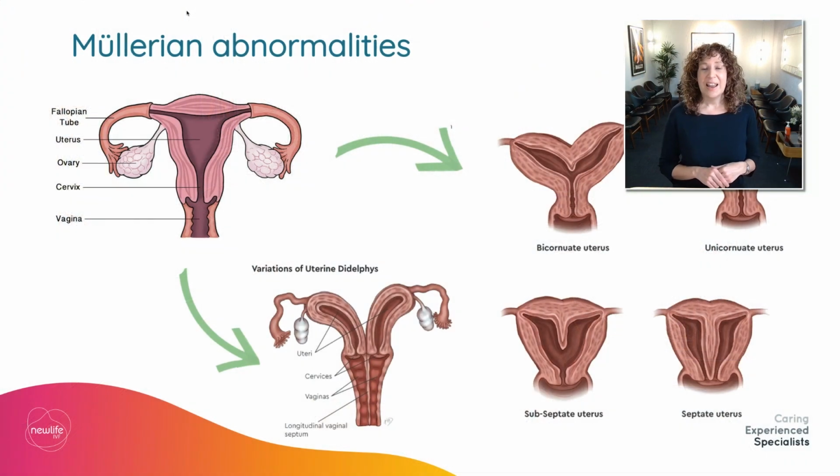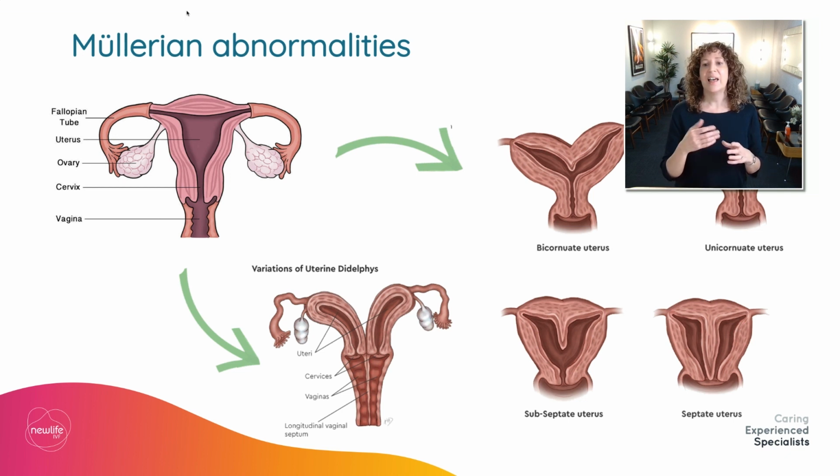So, Müllerian abnormalities. This basically means women who are born with unusually shaped uteruses. The picture on the left is what the normal shaped uterus should look like. In all women, our uteruses develop in two halves that come together and join. Abnormalities can happen when one half doesn't develop, and that's called a unicornuate uterus, or if the two halves don't join properly.